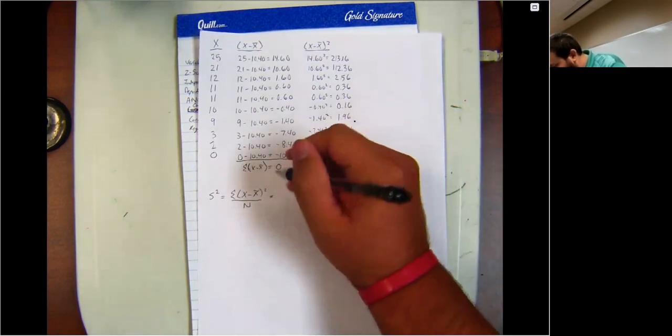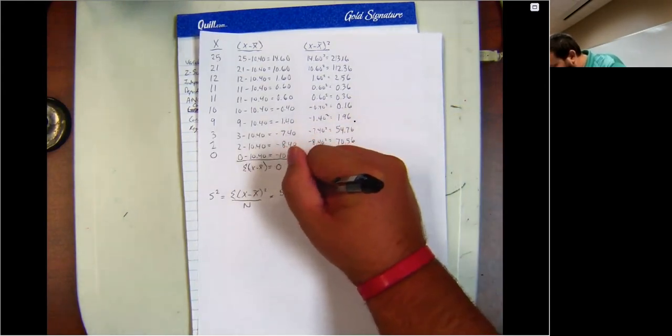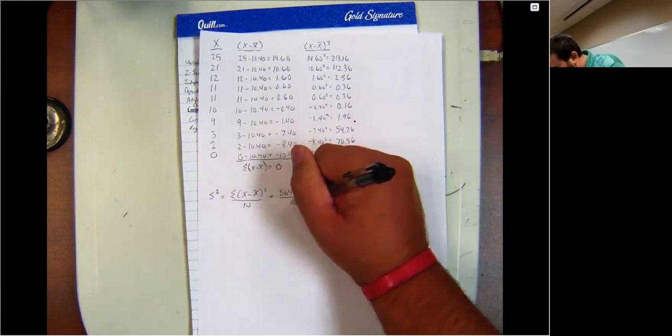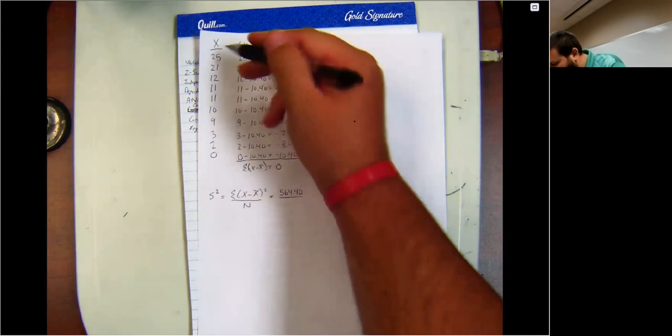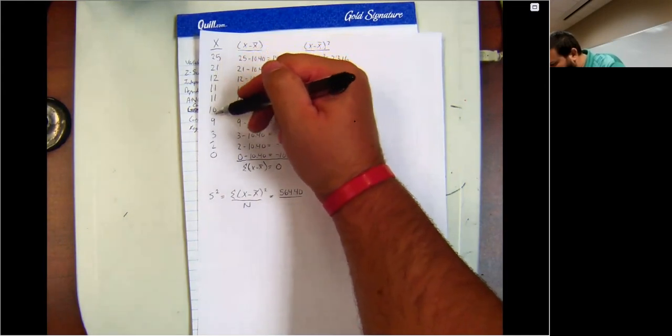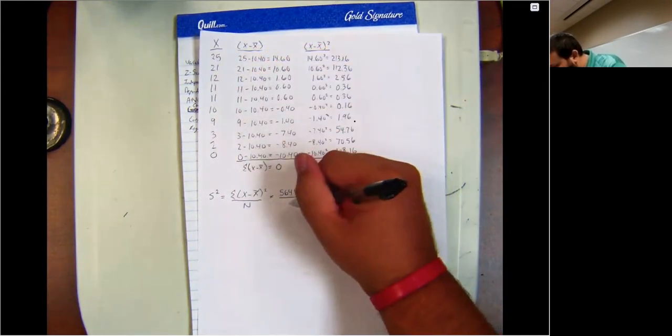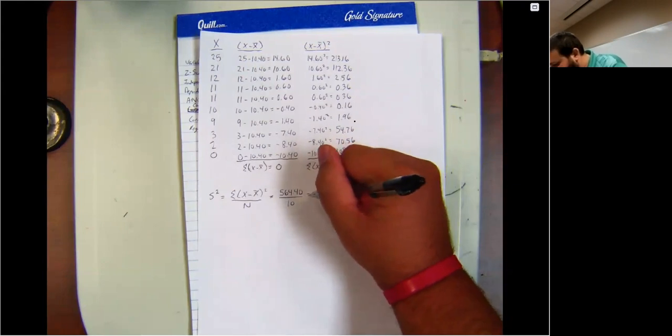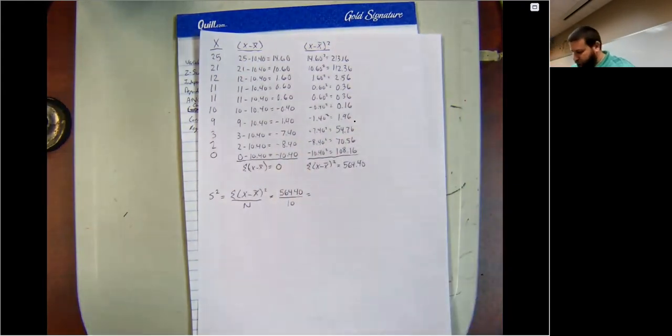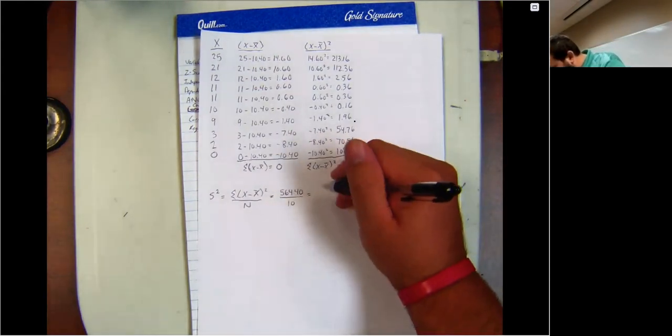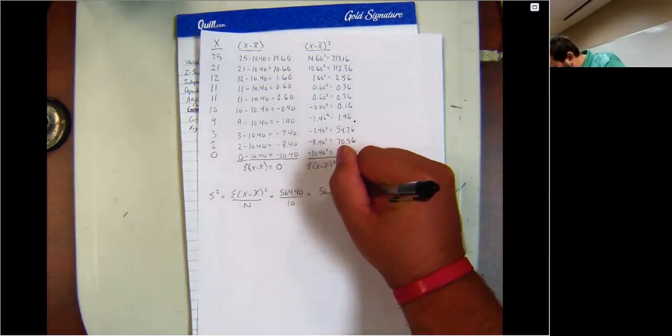So the variance is 564.40 divided by our n, which is 1, 2, 3, 4, 5, 6, 7, 8, 9, 10 scores. So this is just, we move the decimal place over. If we do the math, the variance is 56.44.